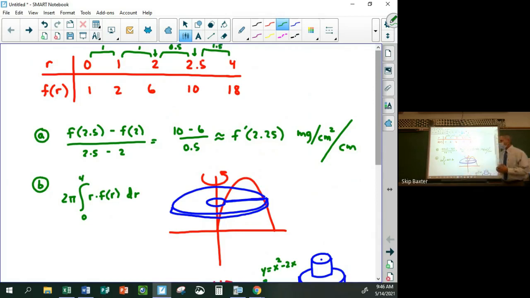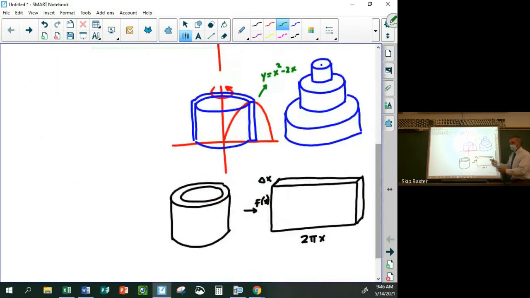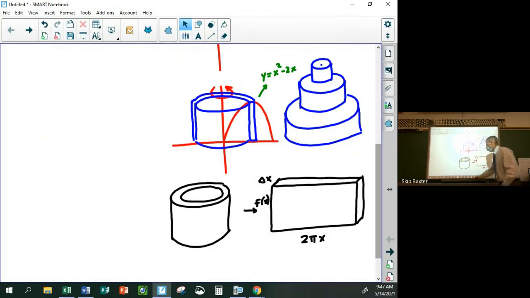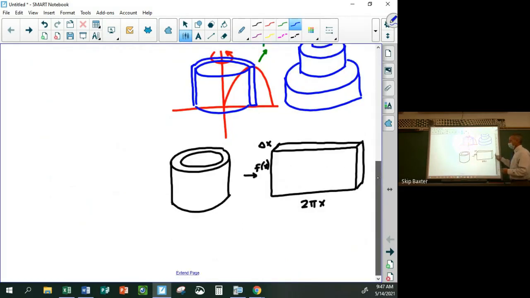So if I just think about what I'm doing in terms of these rectangular prisms, summing up these rectangular prisms where this distance is given by the right endpoint, then I can do this without too much trouble, but it does require some concentration.